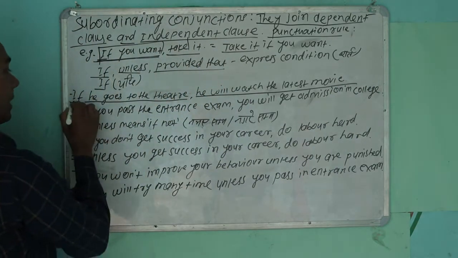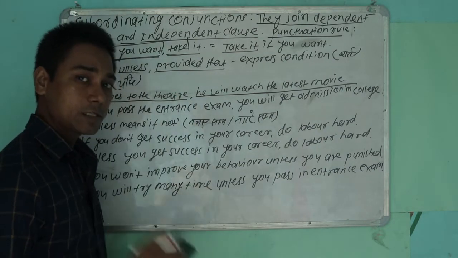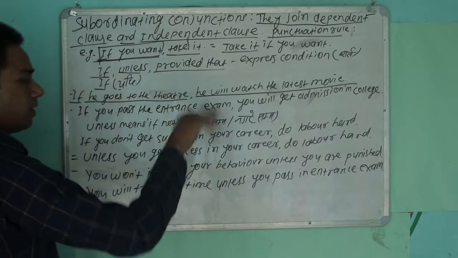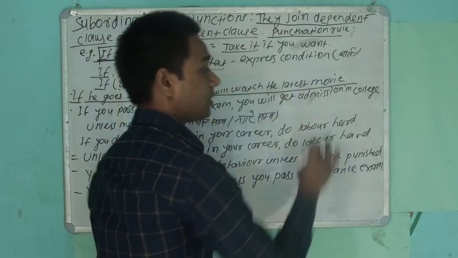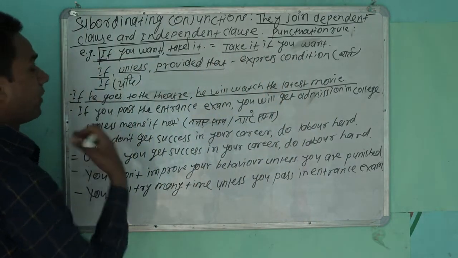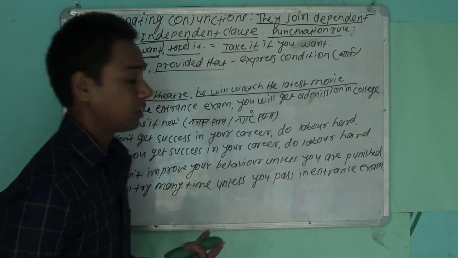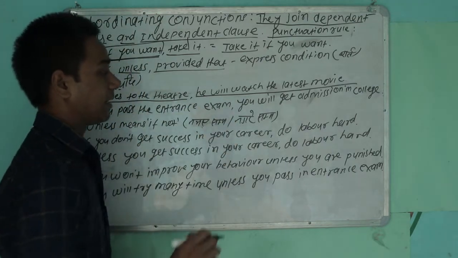Look, the situation: if he goes to the theater, this is the condition, this is the circumstance. What is the result? He will watch the latest movie. This is the result. So we say that if always expresses condition. Next example. If you pass the entrance exam, this clause expresses condition.